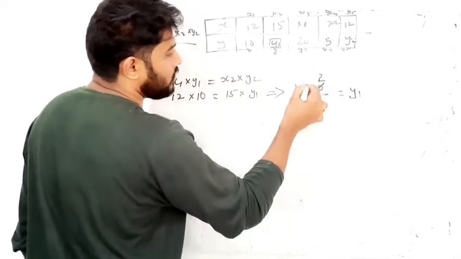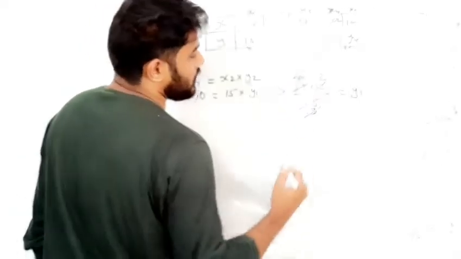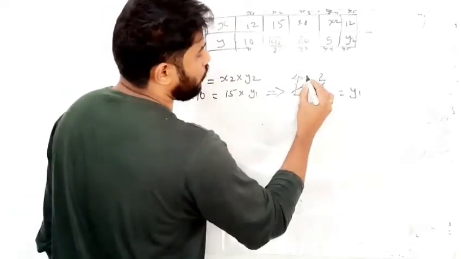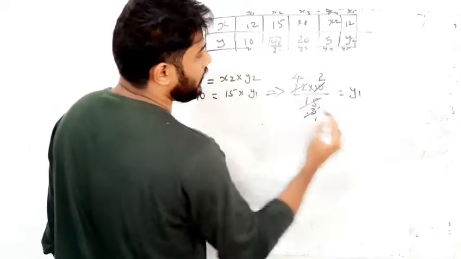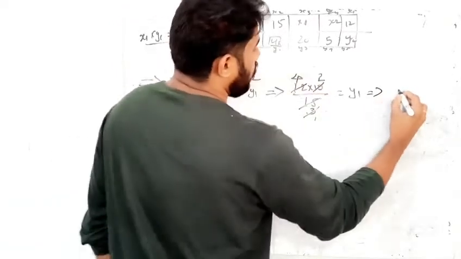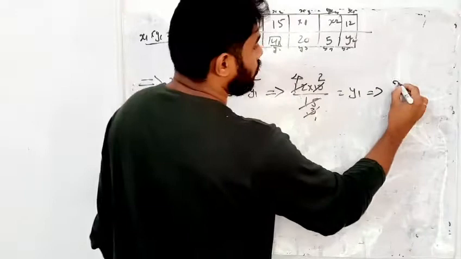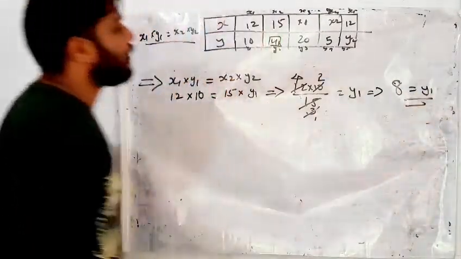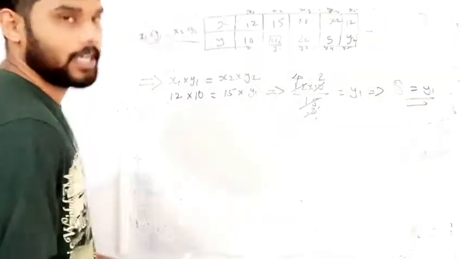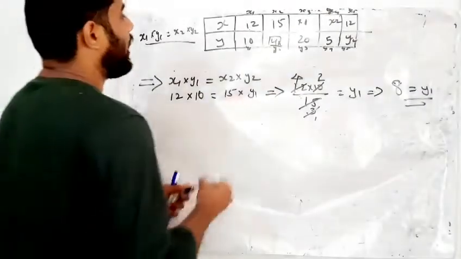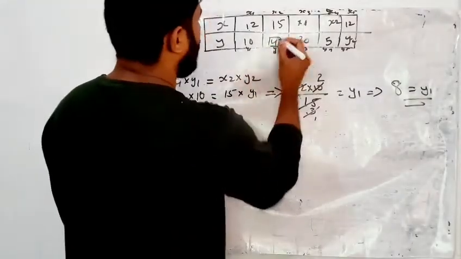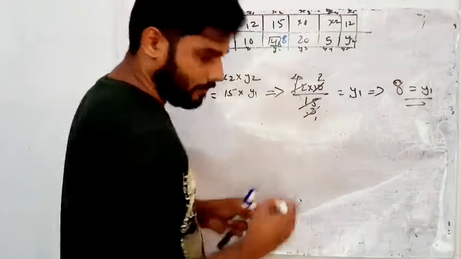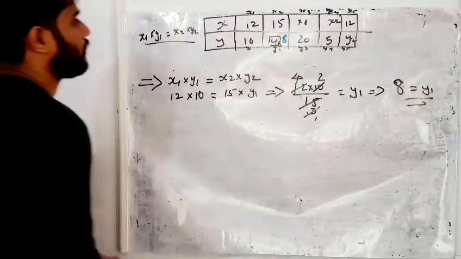Now this 3 and this 12 we can cut. 3 fours are 12, 3 ones are 3. That means 4 into 2, which is equal to 8, which is equal to y1. So we got the value of y1 is 8. Clear? So we can write the value of y1 as 8.